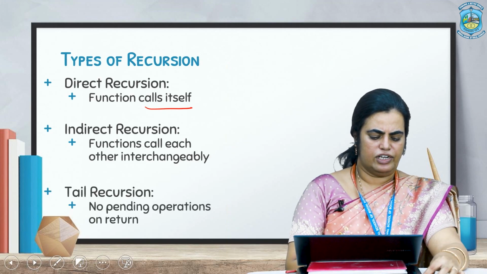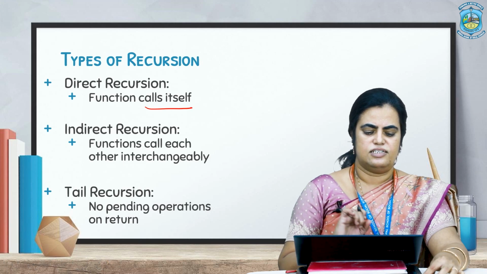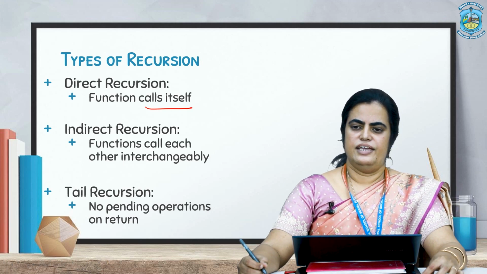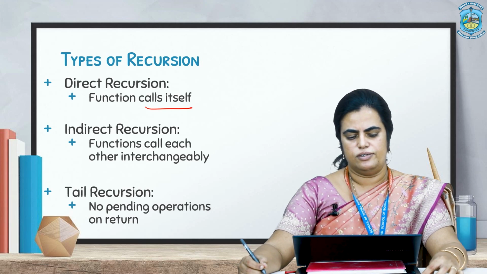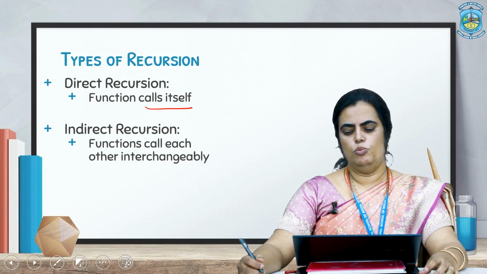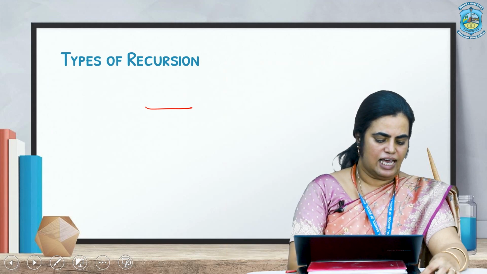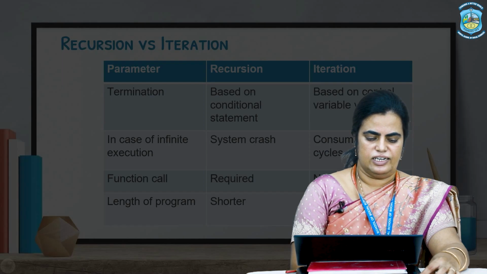The third type of recursion is known as tail recursion. In a tail recursion, there are no pending operations on return. For this, let me take you back to the example which we had seen earlier.